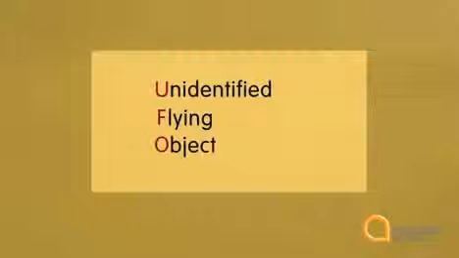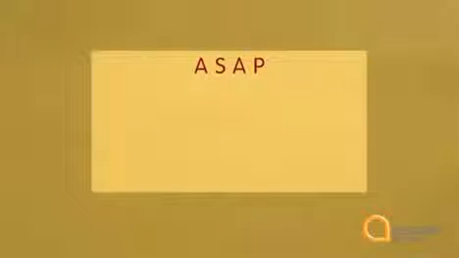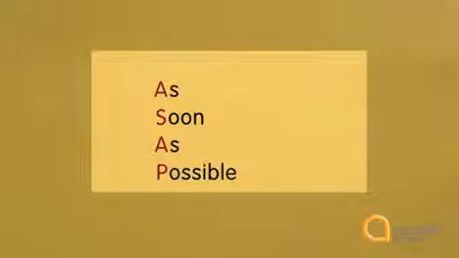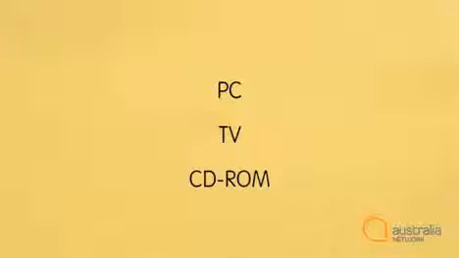You might recognise some of these common abbreviations. UFO stands for Unidentified Flying Object. ASAP means as soon as possible. Other common abbreviations are PC for personal computer, TV for television, and CD-ROM.